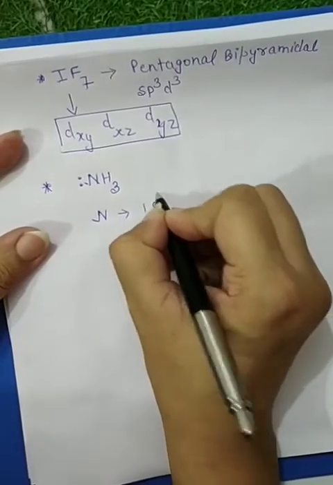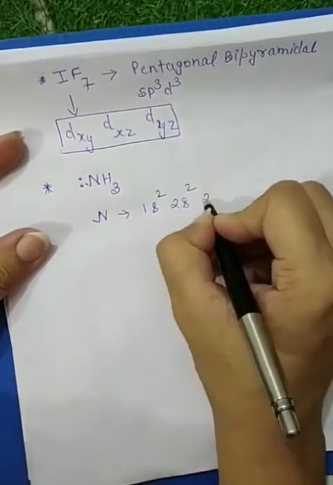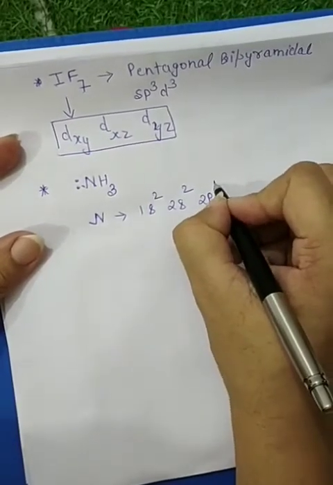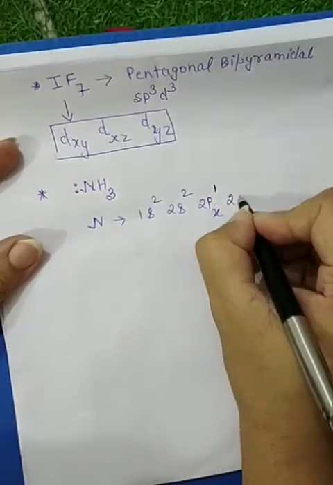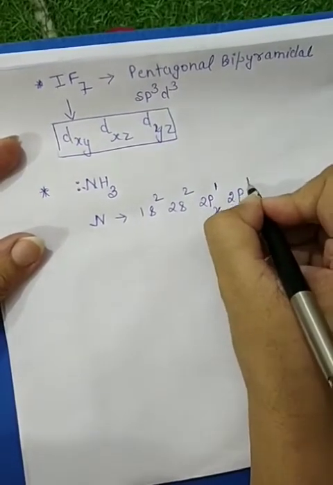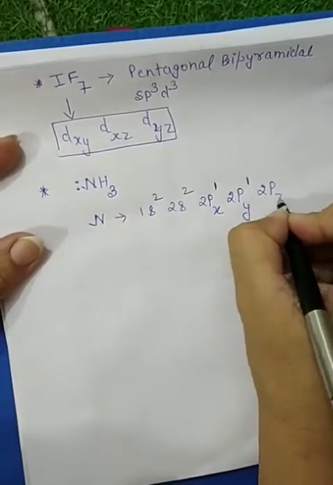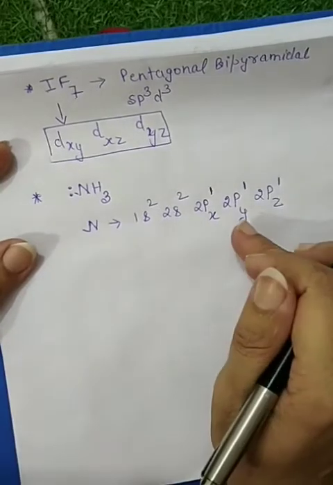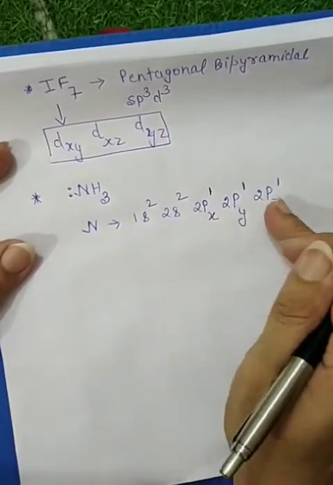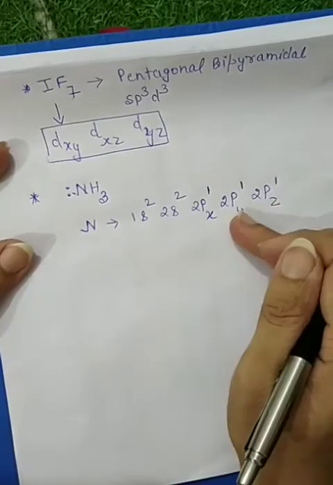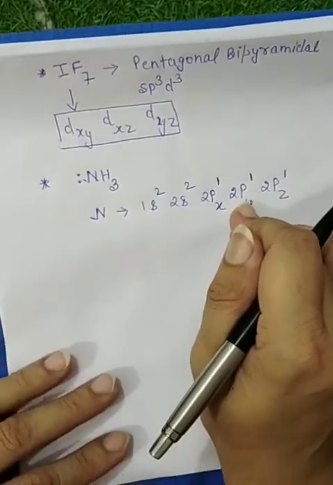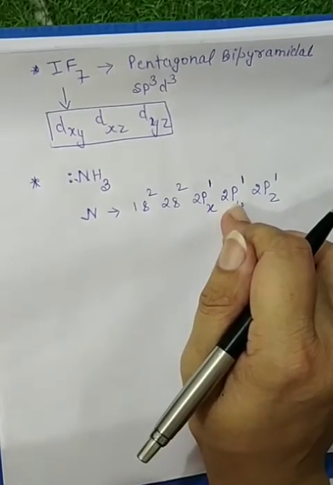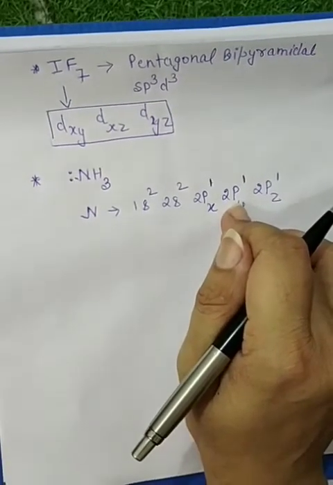Its electronic configuration is 1s2, 2s2, 2px1, 2py1 and 2pz1 with atomic number 7, 4 plus 3. Now here it has 3 half-filled atomic orbitals, but as we already discussed the conditions of hybridization, not only half-filled, fully filled atomic orbitals also participate in hybridization.